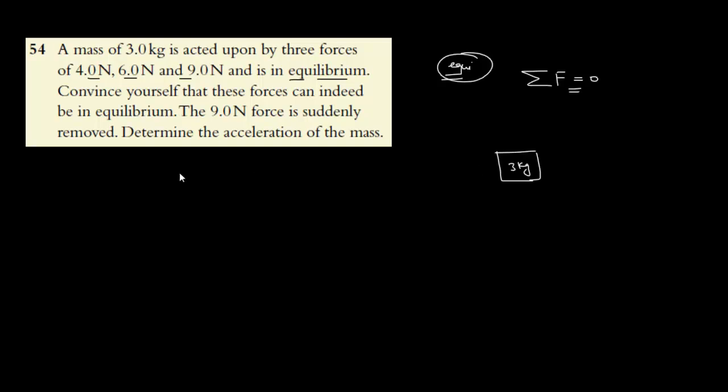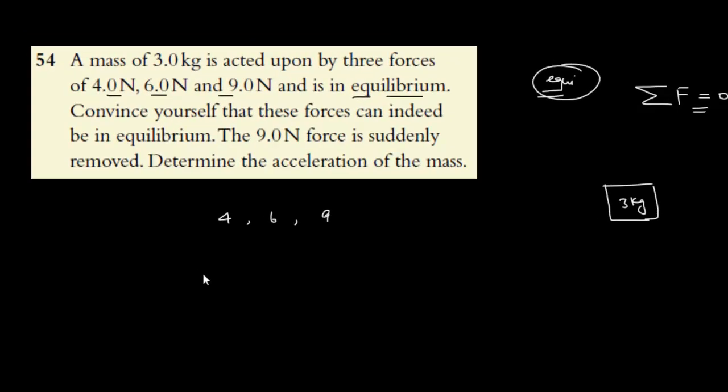Now from the knowledge of vectors we know that this is 4 Newton force, 6 Newton force and 9 Newton force. So the resultant of any two forces, say I am considering this 4 and 6, the maximum resultant of this 4 and 6 Newton is 10 Newton, and the minimum resultant for these two forces is 6 minus 4, that is 2 Newton.